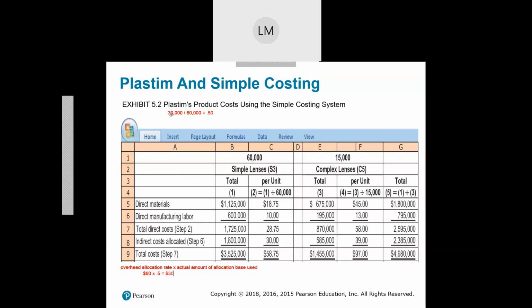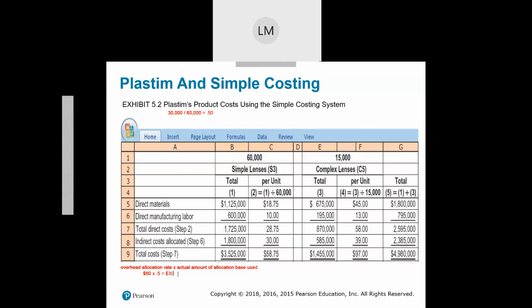Because not everything will take a full machine hour or full direct labor hour. So we want to take that overhead allocation rate and, when we're allocating overhead, incorporate the actual amount of allocation base used, and we want to make sure we know how much allocation base we're going to use on a per unit basis, because that's key here.